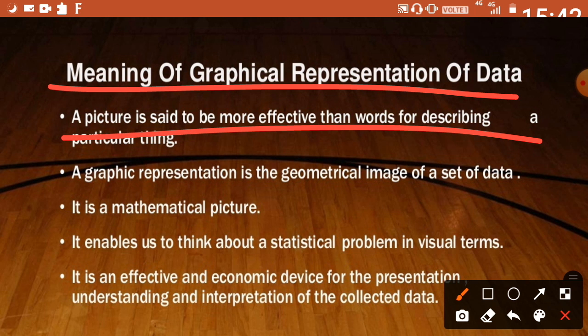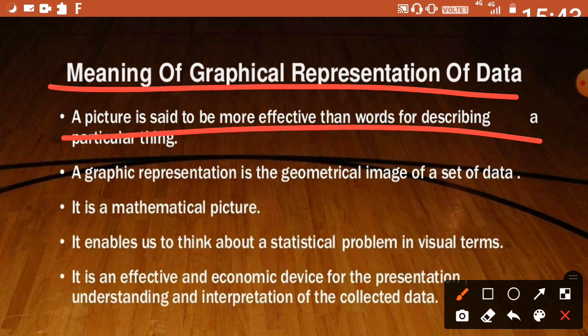Let's consider I show you a tabular form of data, and at the same time I show you a pie chart. A pie chart is a mathematical picture. Graphical presentation is nothing but a mathematical picture. Between the statistical data and the pie chart, you are going to remember the pie chart easily, because through the pie chart the information is very easily and precisely elaborated.